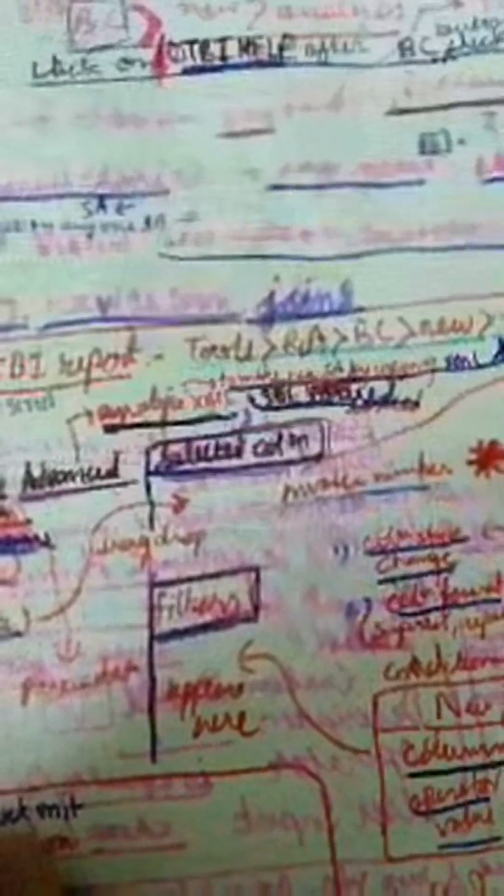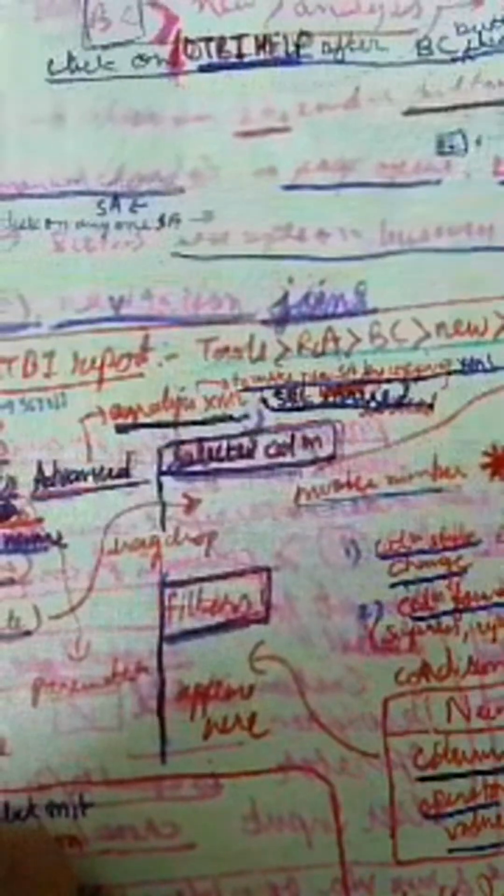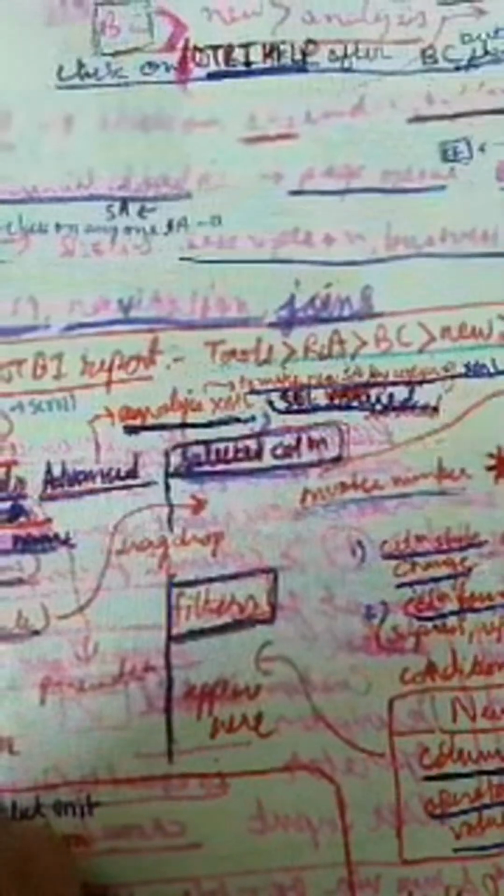So if I want to copy entire subject areas, tables, columns, whatever data is selected, along with all the selected filters, conditional formatting, table prompts, column prompts, or any kind of formula columns, whatever I have done, the entire thing can be copied by copying what is written in the analysis XML.